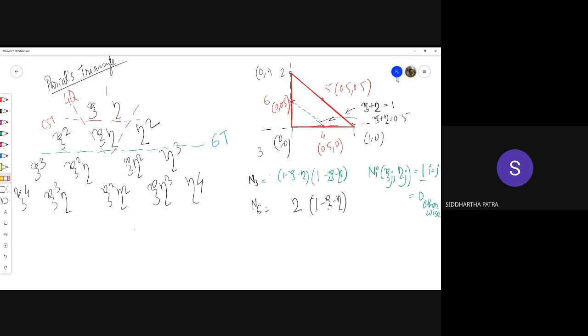So I'll get 0.25, and I need to divide this whole thing by 0.25. I am normalizing with that value so that I get a value of 1 when I come to node 6. But since at every other node the value was already 0, whatever number you normalize with, it will still be 0. Was that understood? Yes sir. Okay.